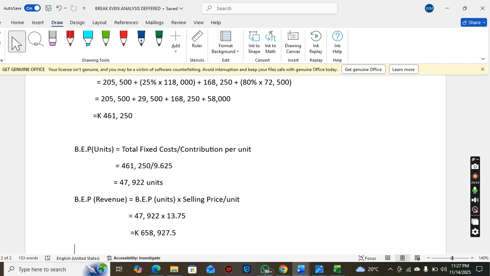When they make this amount of money in terms of revenue, it's going to cover all their costs and they'll remain with zero. All right, this is the break even in revenue.